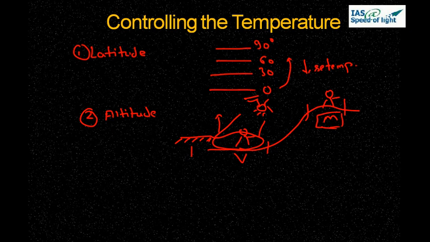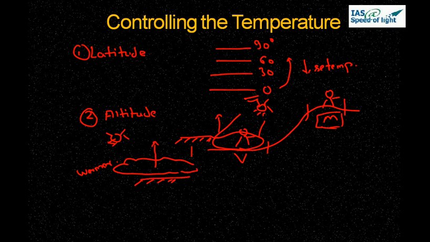The second factor is that the closer you are to the surface, which is absorbing all insolation, the warmer it is. Using conduction, the surface near areas will become warmer, and the more above you go from the surface, the less warm it will become.